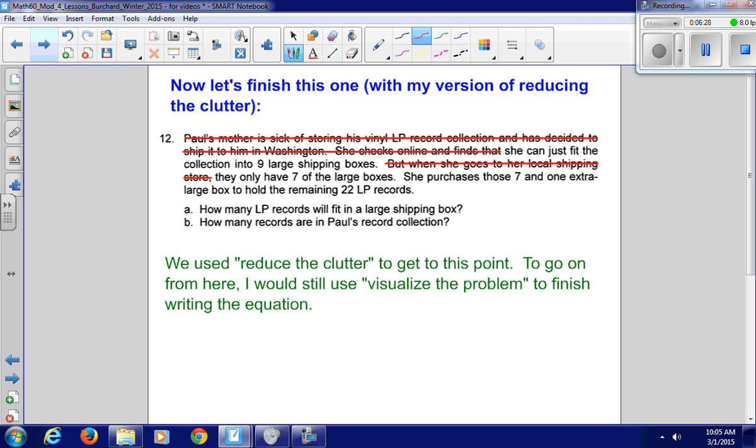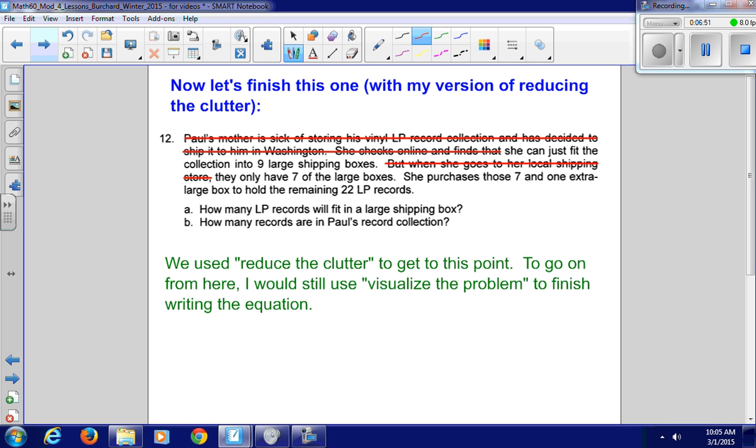So this process is not going to get you the equation. This process helps you be less intimidated by a long problem by basically shortening it a little bit so that you can distill down to the information that's necessary, because we find that students are intimidated by long, drawn-out word problems.